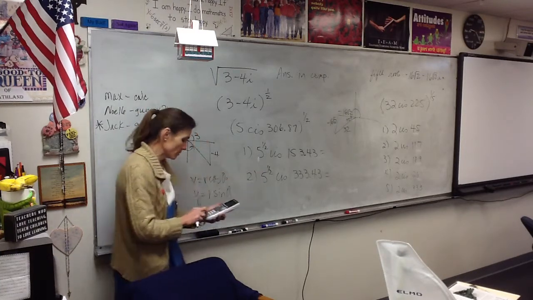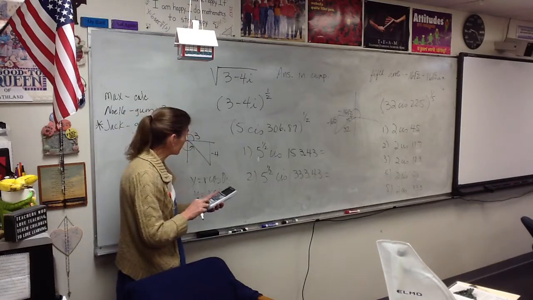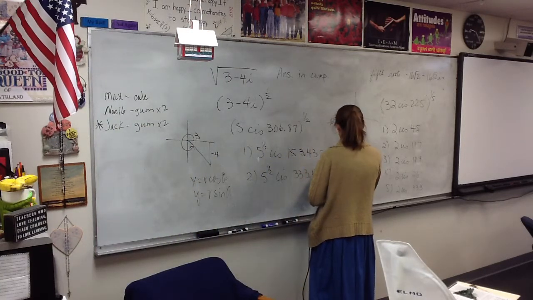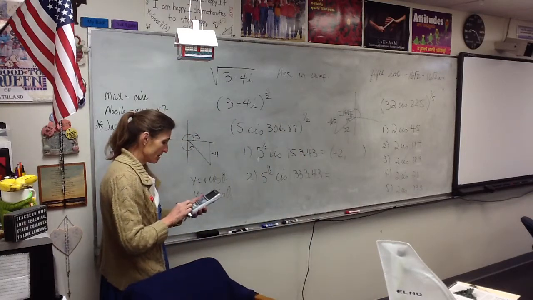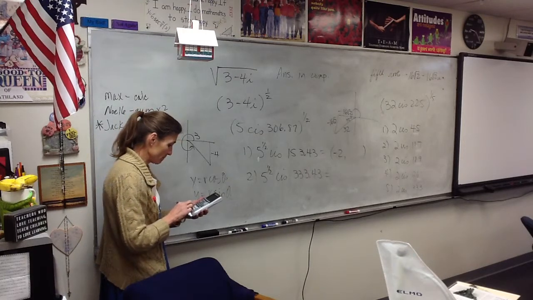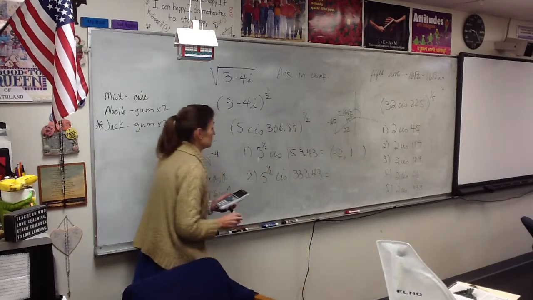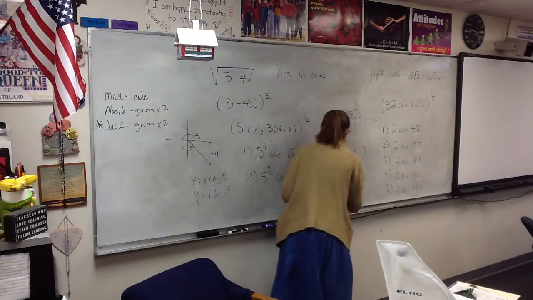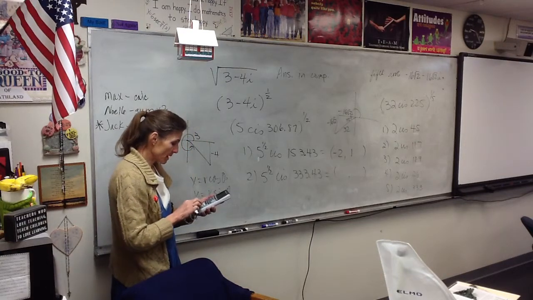So we're going to take the square root of 5 times the cosine of 153.43. I got basically -2. And then the square root of 5 times the sine. Tell me if you're matching me.